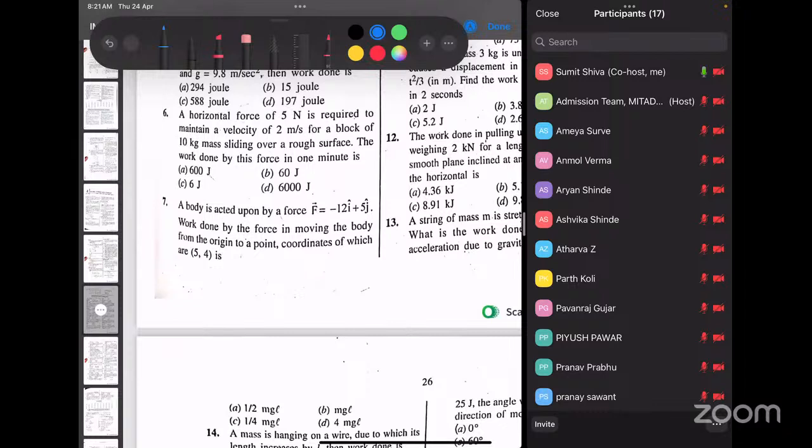So F is 5 Newton, and it is required to maintain a velocity of 2 meter per second. 10 kg mass sliding over a rough surface. The work done by this force in 1 minute.